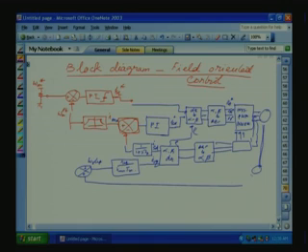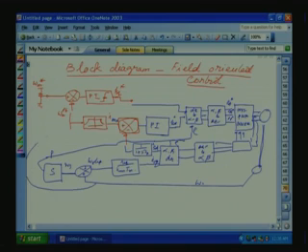From there you can get omega r. Here you will get omega s. You integrate, you will get rho. That rho you feed here. Now this omega you can give as feedback here also. So our vector control is complete.